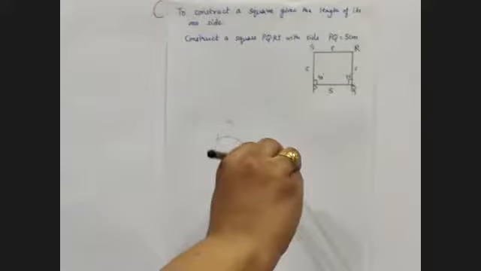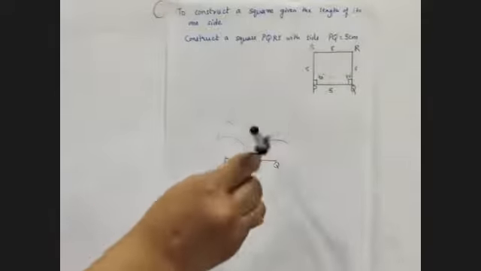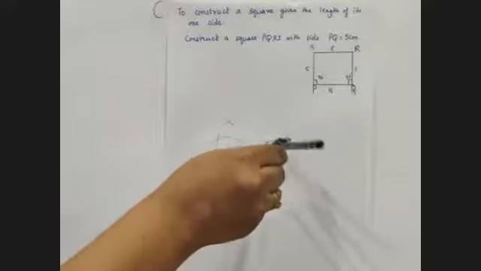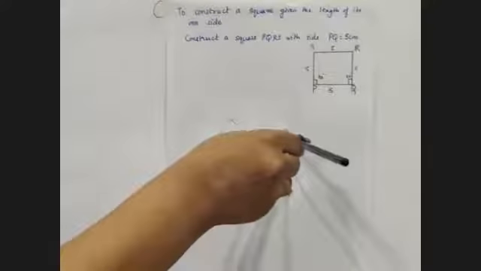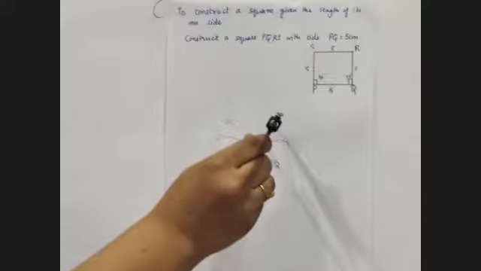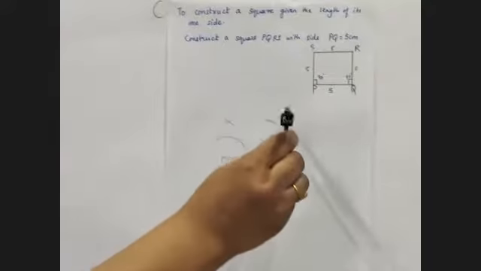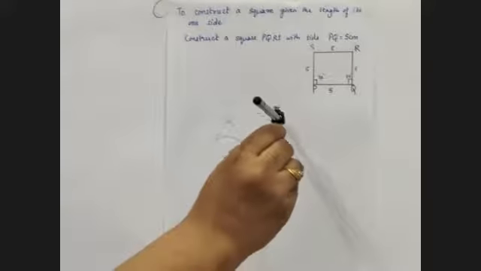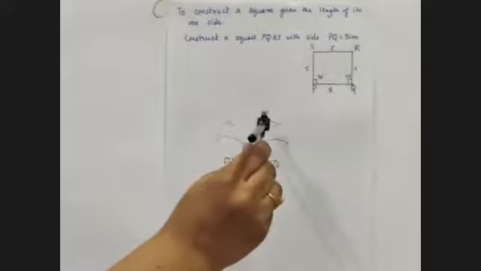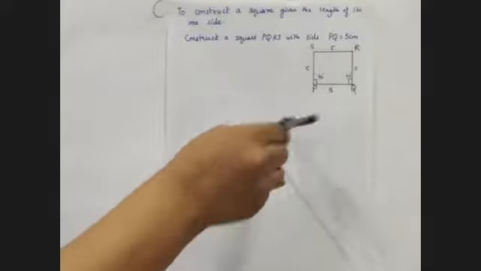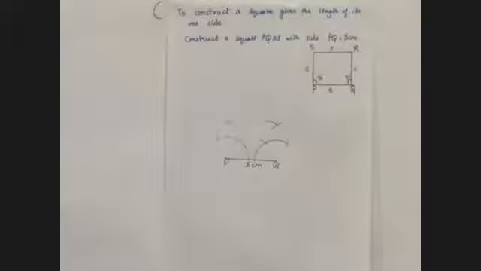Let us do the angles together only. So this will be 90 degrees.